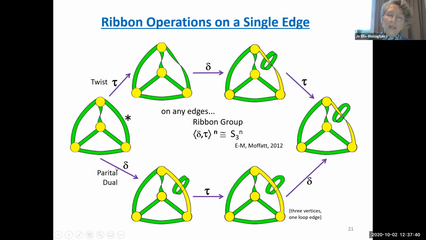Equivalently, we could have taken the bottom root, taken the partial dual of that edge, which merges the 2 vertices and puts in the perpendicular edge. We now twist that perpendicular edge, which puts a twist into the loop, and taking the dual of a twisted loop, it's self-dual, so it leaves you right here, while untwisting the vertex.